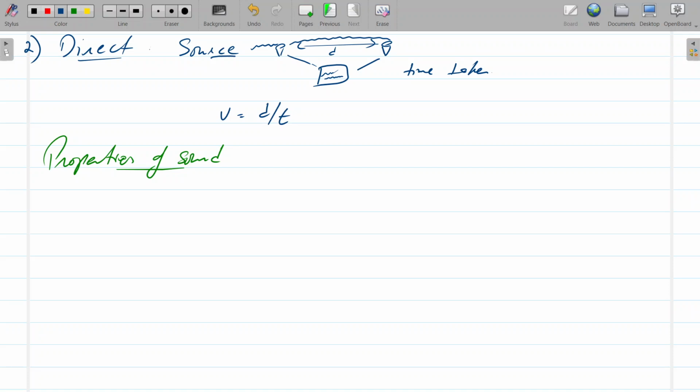What they say is, what's the difference between the sound produced by a guitar or a trumpet or a drum as opposed to the sound of someone hammering a nail into the wall, or writing on a chalkboard, or the sound from a car engine, right? What differentiates the sound of music from the sound of noise?